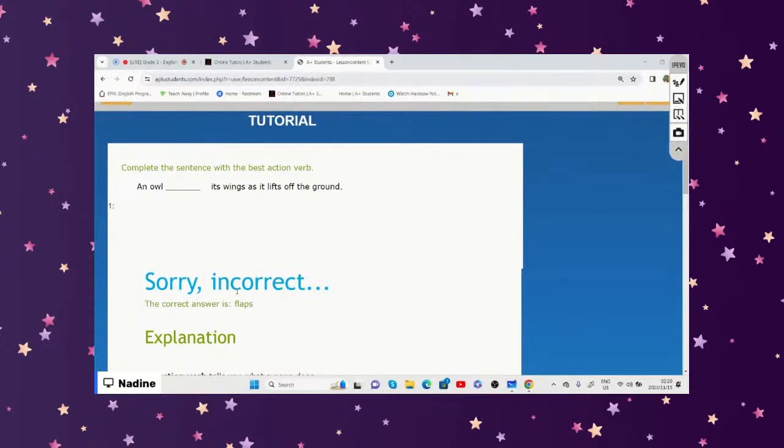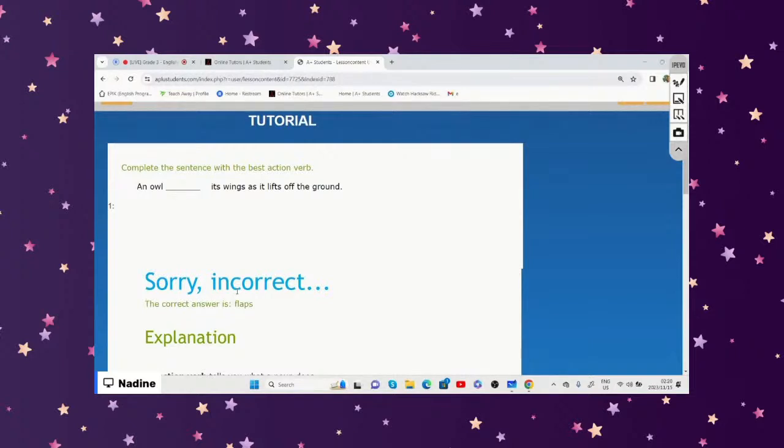What does he do with his wings? What do you think an owl does with his wings if he wants to fly away or fly up?